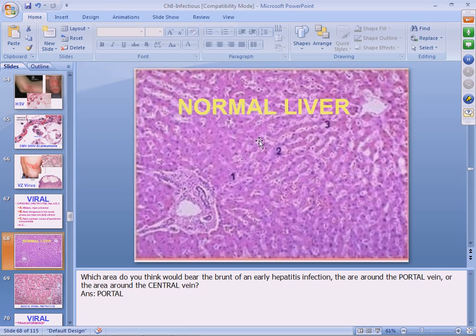But the predominant region for disruptions of this beautiful normal histology, for cases of mild hepatitis or chronic hepatitis, would be in the portal area. If the hepatitis was a little more severe clinically or pathologically, you would generally see infiltrates of inflammatory cells everywhere.